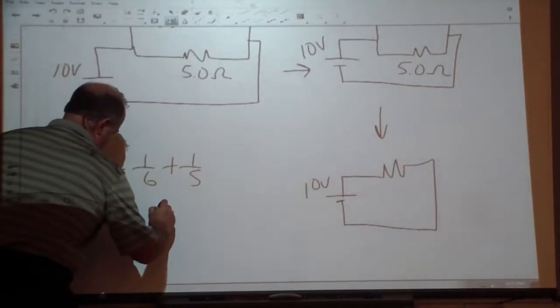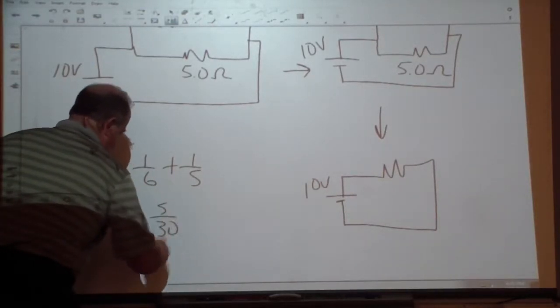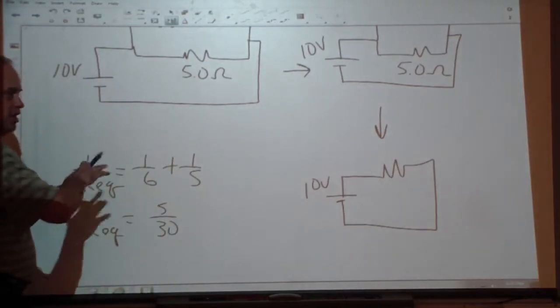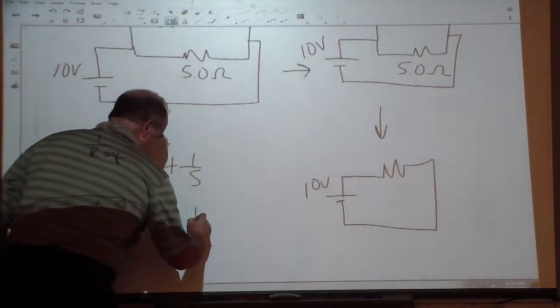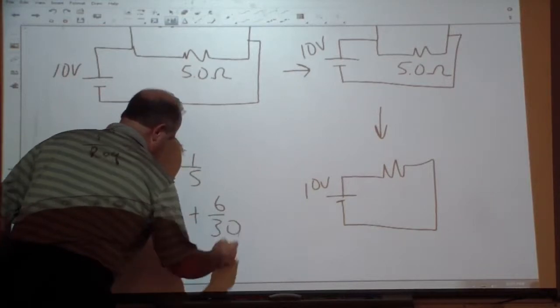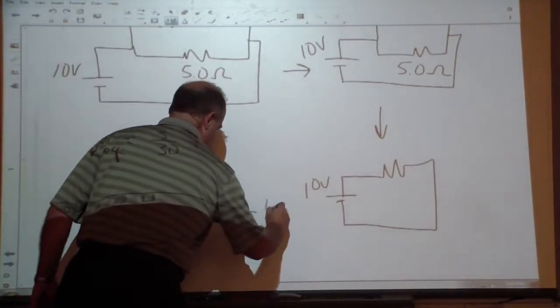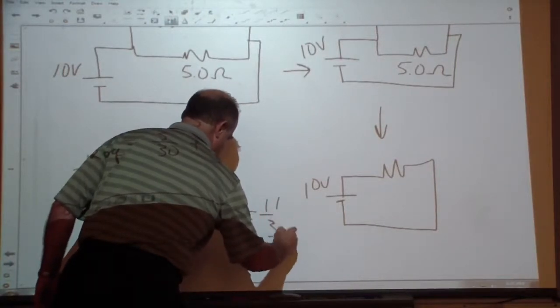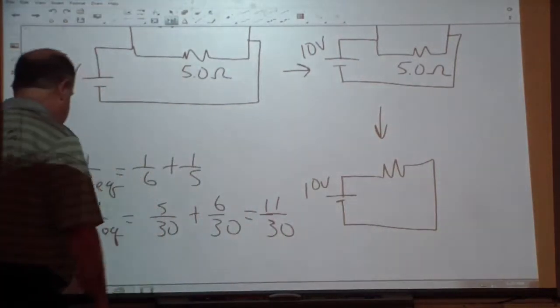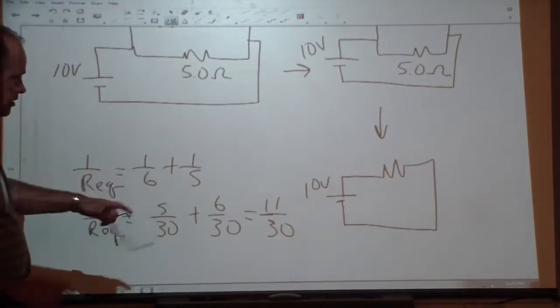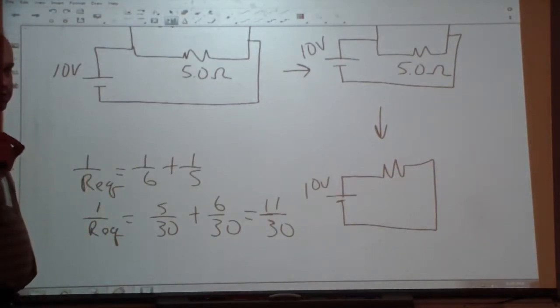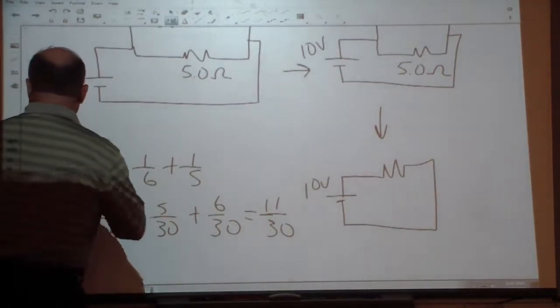Let's see, 5. I'm not going to sig figs with this, but when I get done, I'll put sig figs on it. All right, so that's going to give us 11 over 30. And 1 over REQ equals that, so I flip both sides. Now, it's really just cross multiplication, right? Okay. So do that.